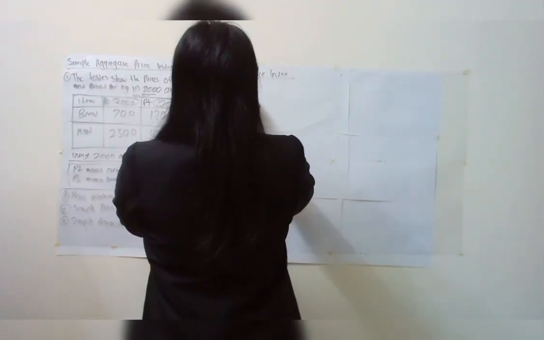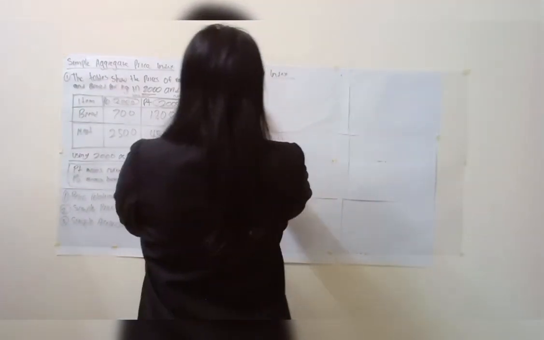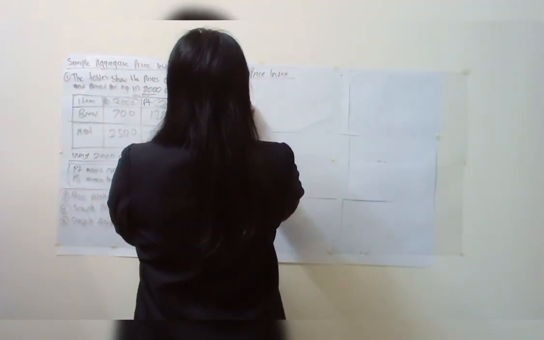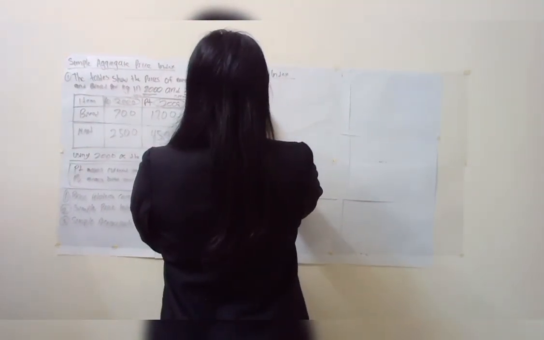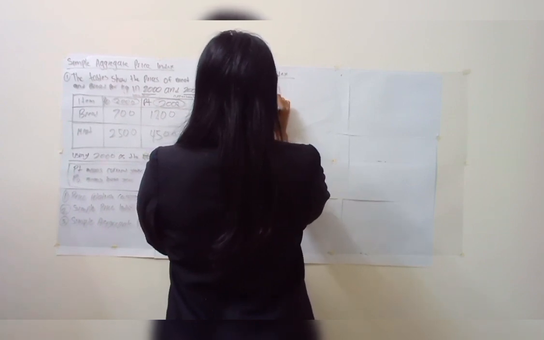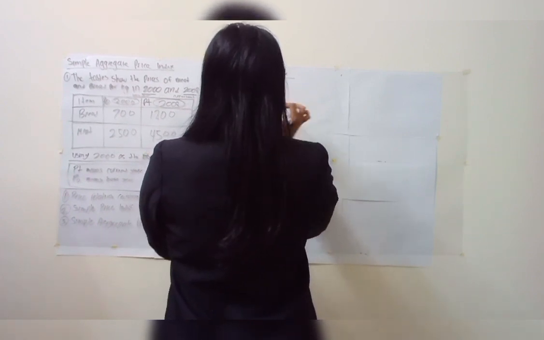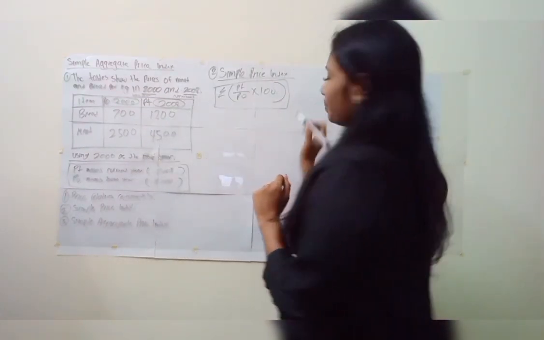Very easy, just follow the formula. The formula is summation, open bracket, PT divided by PO times 100, close bracket. So this is the formula.